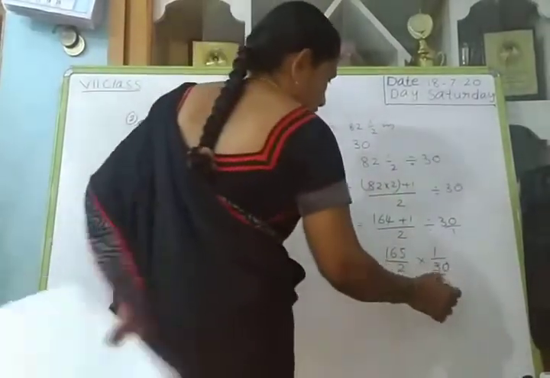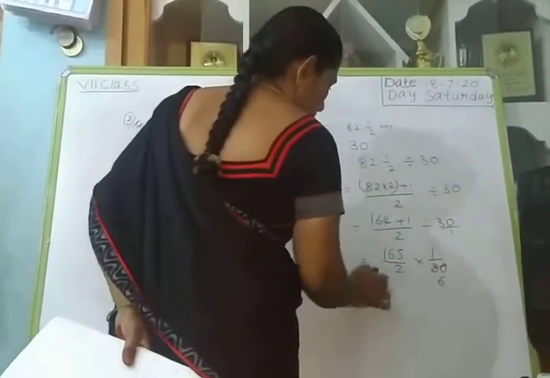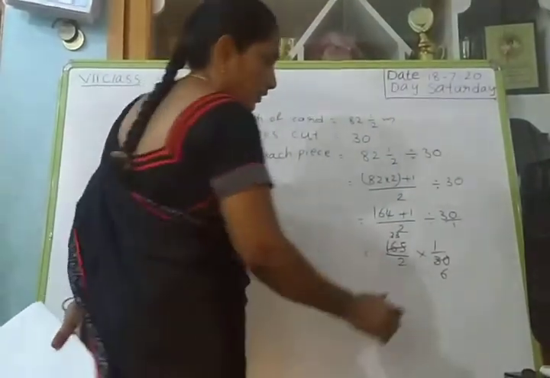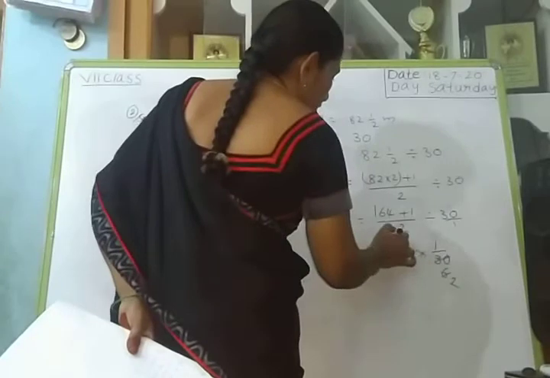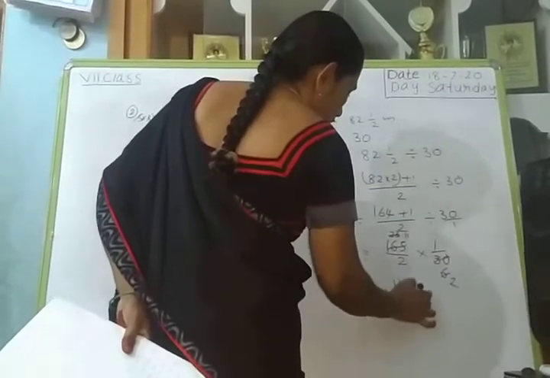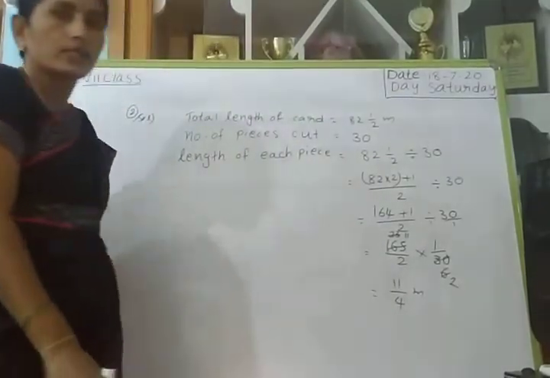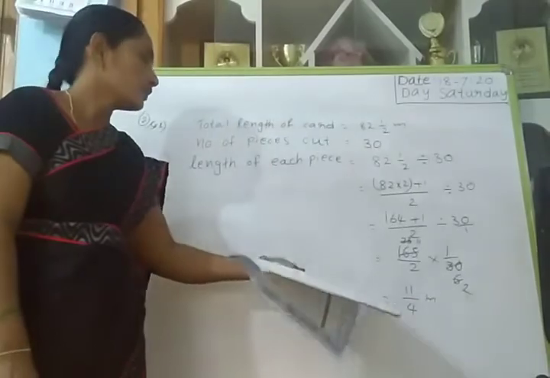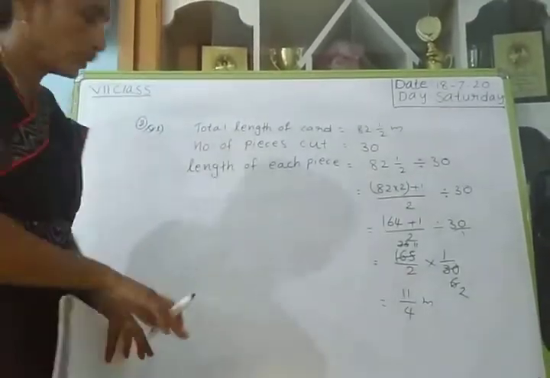If you simplify this, 5 6s are 30, 5 3s are 15, 3 2s are 6, 3 11s are 33. So 11 by 2 2s are 4. So 11 by 4 meters. The length of each piece is 11 by 4 meters.